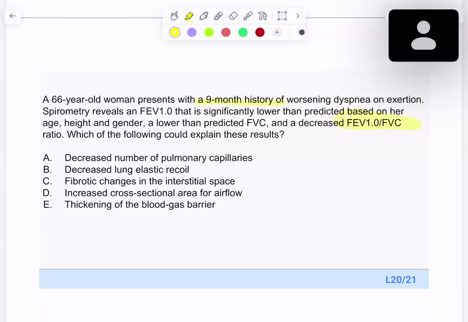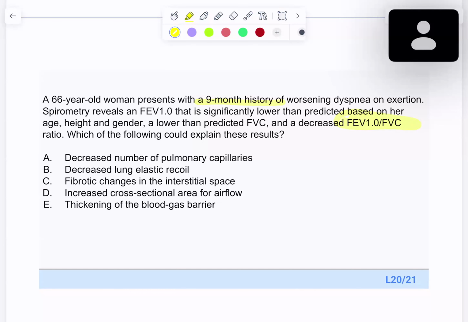First of all, what is her medical condition? What do you think this patient has? Okay, yes, she does have an obstructive disease. I'm seeing B and E.